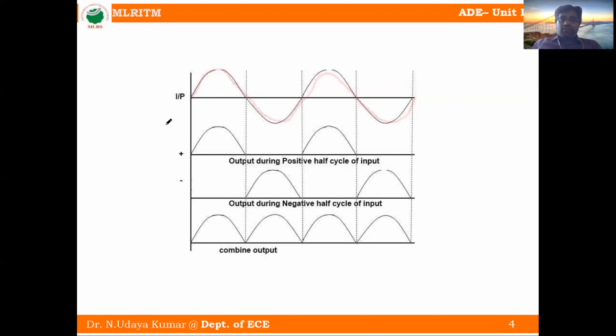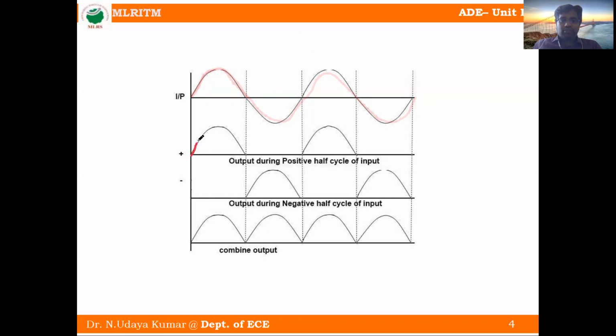In full wave rectifier we are using two diodes. During the positive half, one diode is on and the other diode is off. So during the positive half cycle of your input, we will get an output like this.